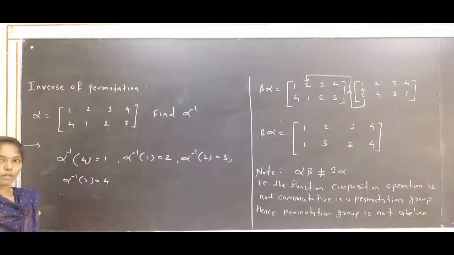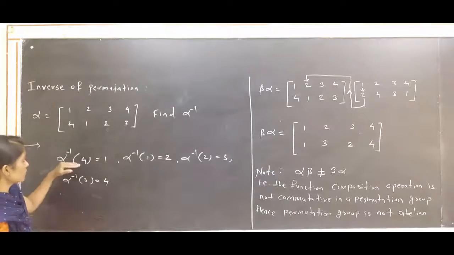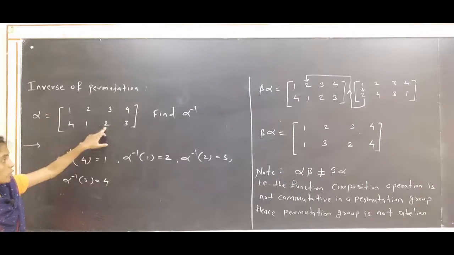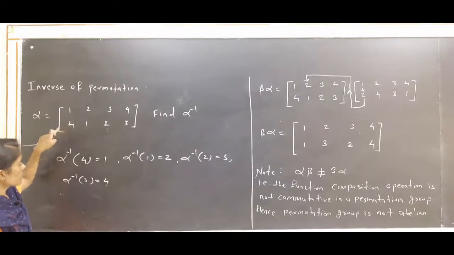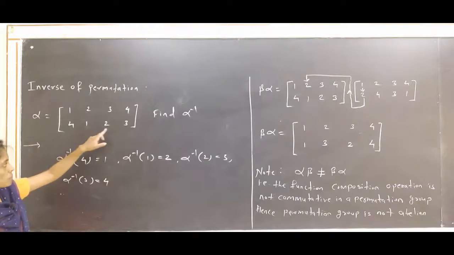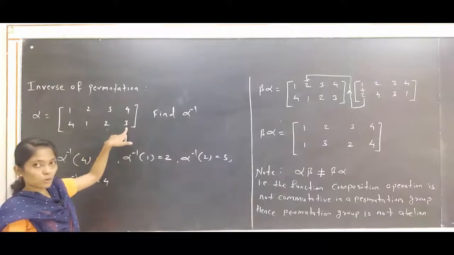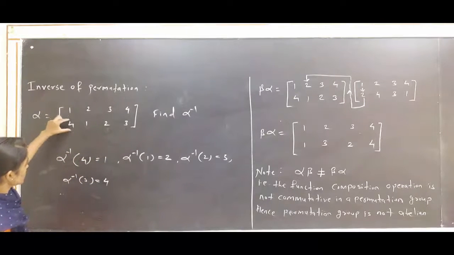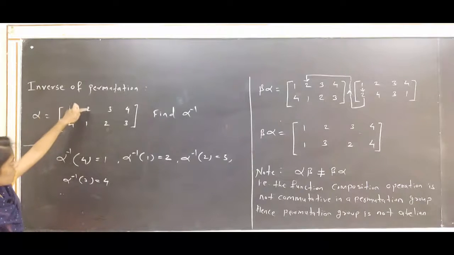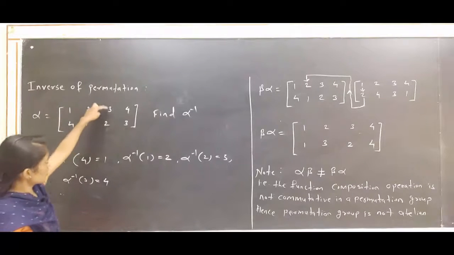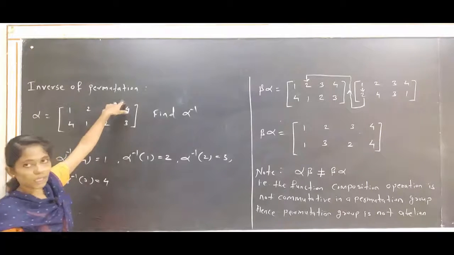Okay, so first of all, write down alpha inverse of 4, alpha inverse of 1, alpha inverse of 2, alpha inverse of 3. So that is alpha inverse of 4 is 1, alpha inverse of 1 is 2, alpha inverse of 2 is 3, and alpha inverse of 3 is 4.